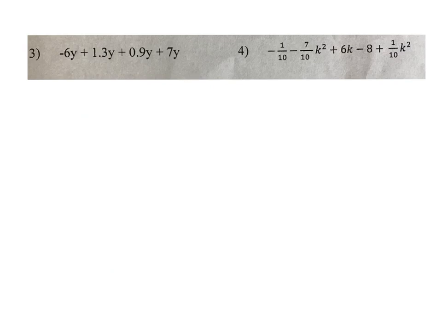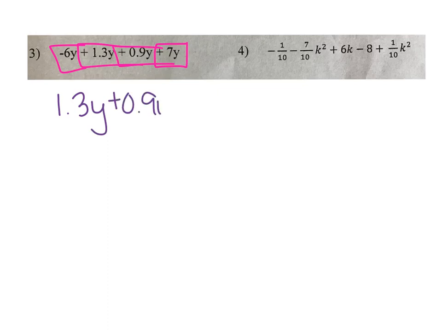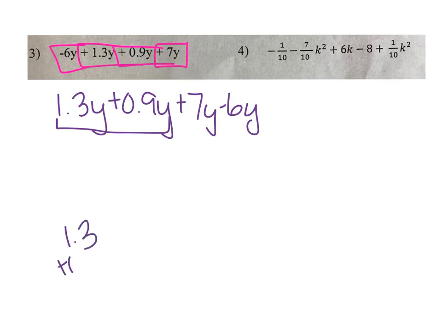For this one now, we've got some decimals, so we're going to, of course, train it up. And then we're going to rewrite it with our like terms next to each other. Oh, they all are like terms. So for this one, I like to do it all my positives. Plus 7. So, and then 7y, and then it's minus 6y. So here I would add these together. So 1.3 plus 0.9.